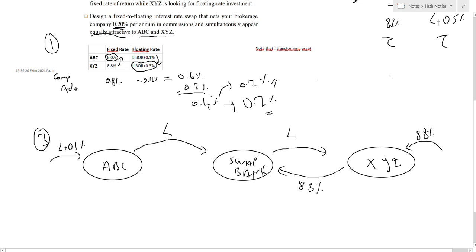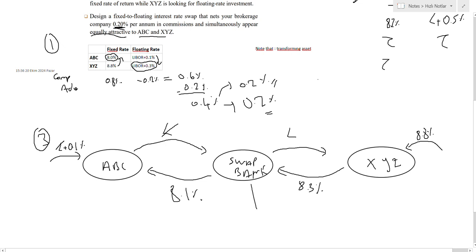And for ABC, what is our target? 8.2%. So currently this LIBOR and this LIBOR go to ABC, and ABC already has 0.1, so to actually create 8.2, we need 8.1%.